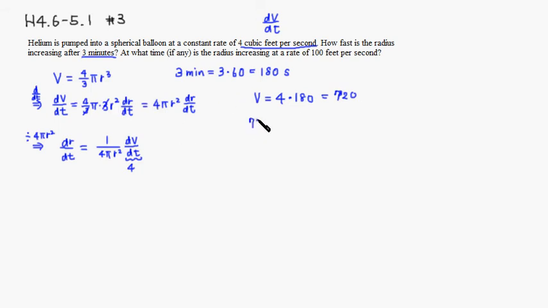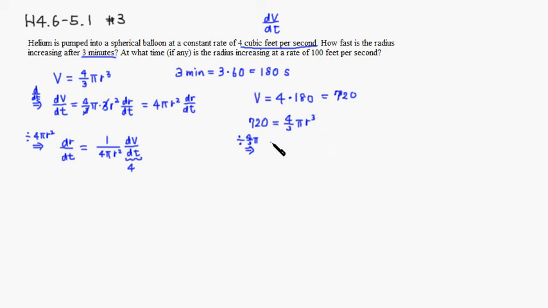720 is equal to 4/3 pi r cubed, right? So we can divide through by 4/3 pi.